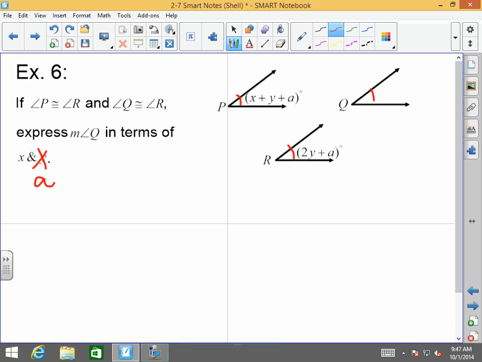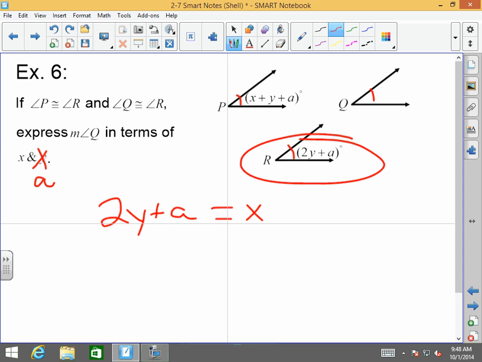So basically, what I want to do is express angle Q, which at this point is congruent to either angle P or angle R because of the transitive property, but I have to replace that Y with an X or an A. So let's look at angle R. If I tell you that 2y plus A is equal to X plus Y plus A, let's solve this for Y. I'm going to subtract Y from both sides, and I'm going to subtract an A from both sides.